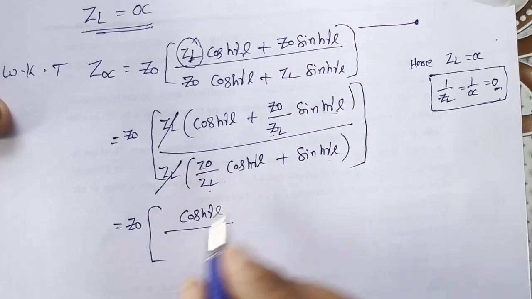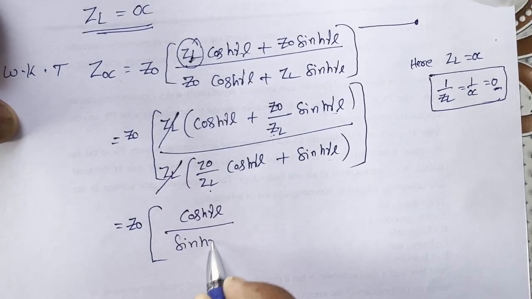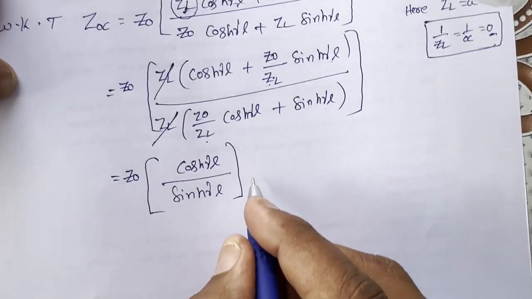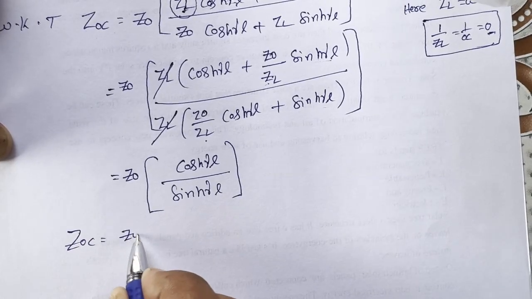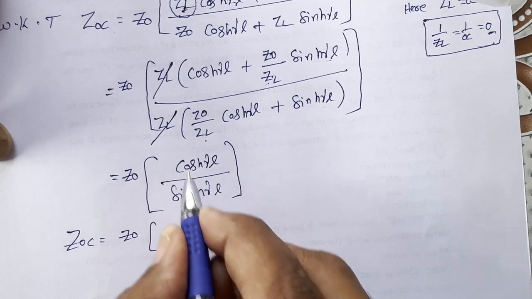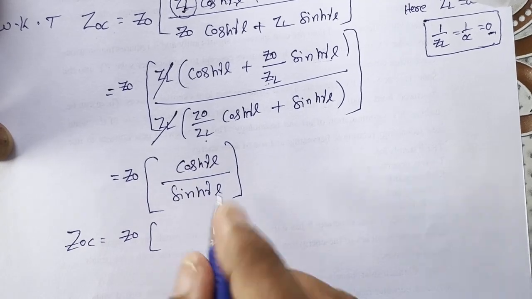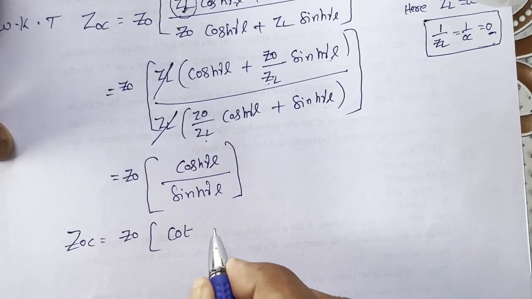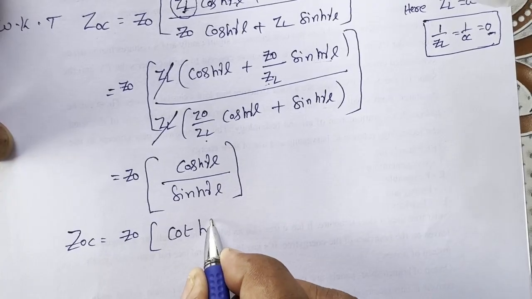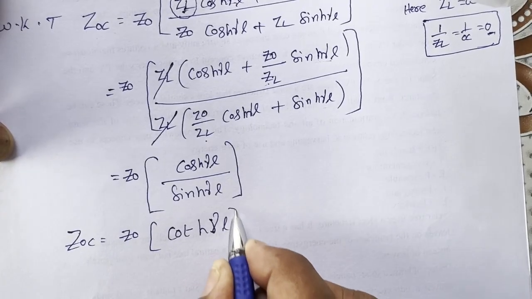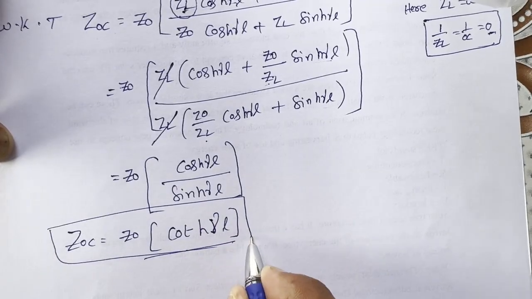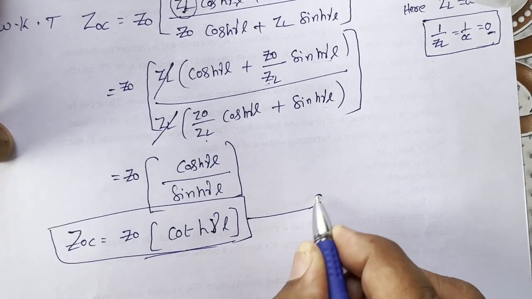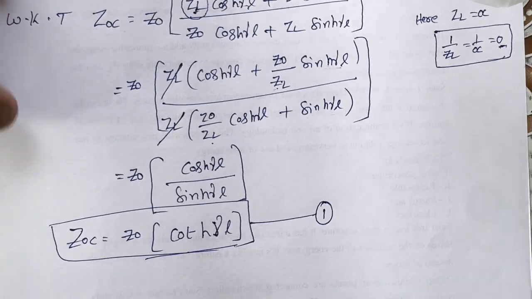The rest of the term is sinh gamma L, and ZOC equals Z0 into cosh by sinh. We are getting coth gamma L. ZOC equal to Z0 coth gamma L. That is equation number 1.